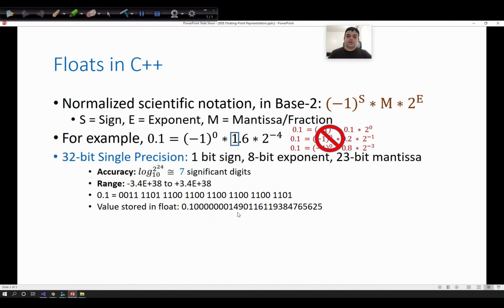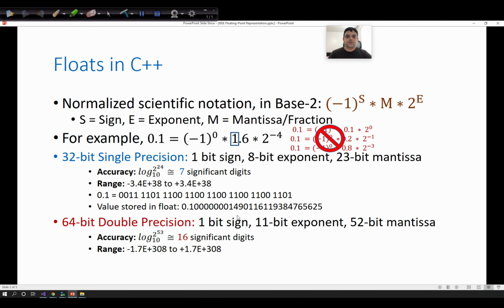Now the other floating point type in C++ is the 64-bit double precision float, which has one sign bit, 11 exponent bits, and a 52-bit mantissa. So now the range is much larger than 32-bit single precision.